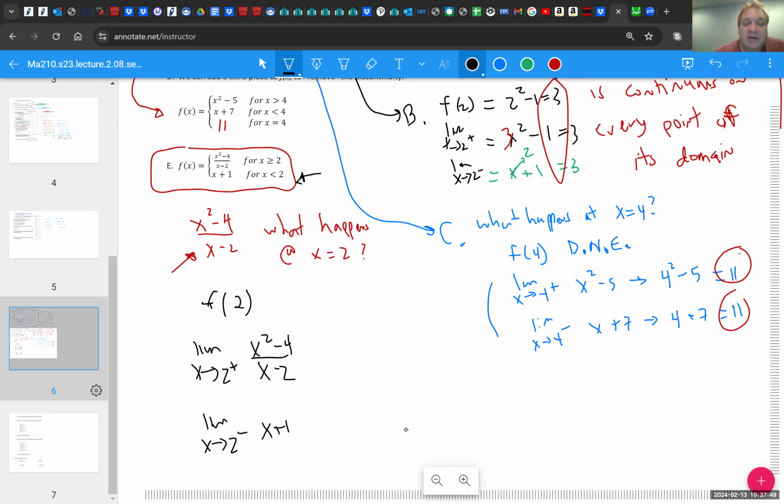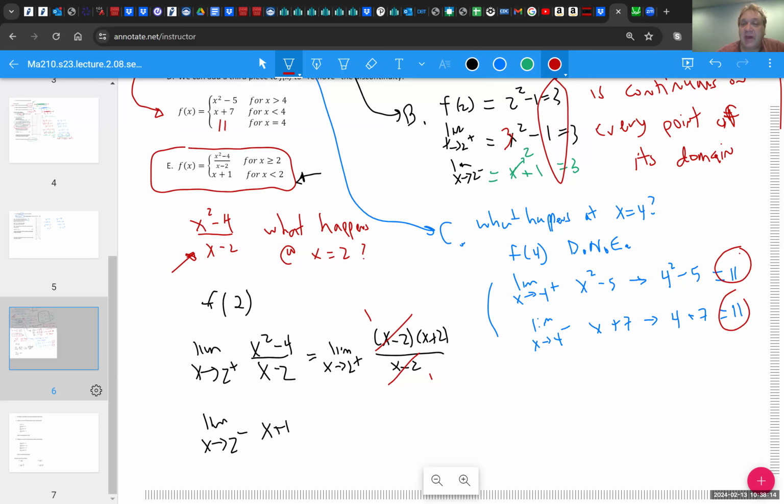You could plug in numbers near 2 and use a table to see experimentally that the limit is probably 4. But we can also factor this, if you remember your algebra skills. The top factors to (x minus 2)(x plus 2), and the bottom is x minus 2. No matter the number, like 2.001, the x minus 2 on the top and the x minus 2 on the bottom always divide to equal 1.